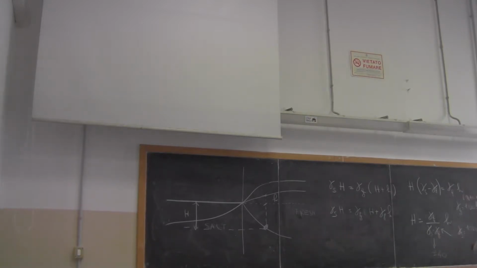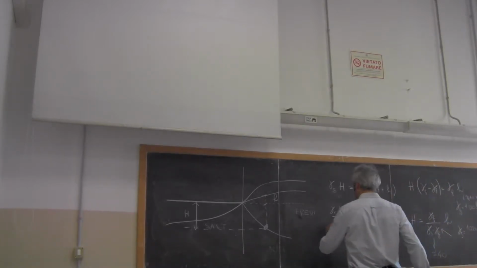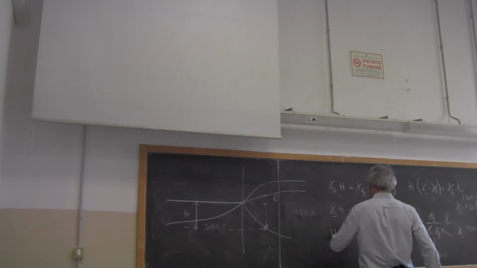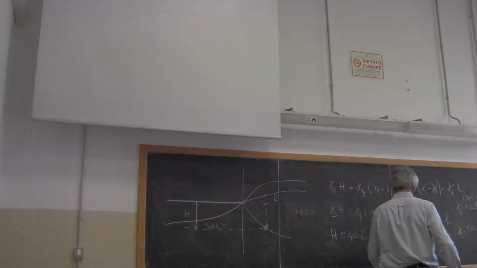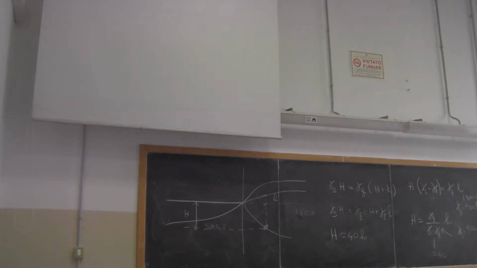It's 41 plus something, but let's say about 40. And therefore, what comes out from here is that capital H is about 40 times lowercase h. This is what I wanted to derive.